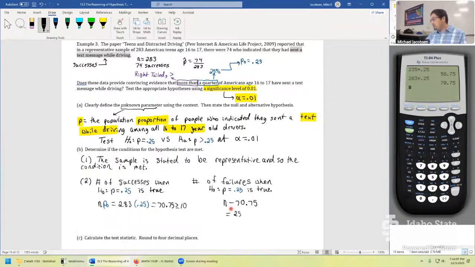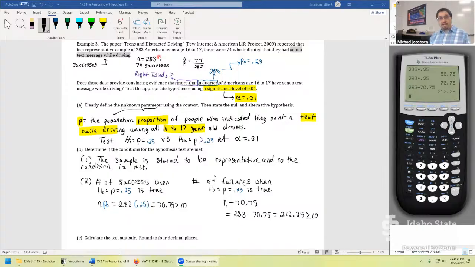So 283 minus 70.75 gives us 212.25. Also definitely greater than or equal to 10. So on both sides, we meet the requirement. The sample of 283 was large enough.